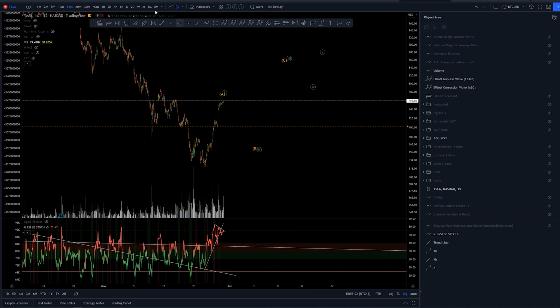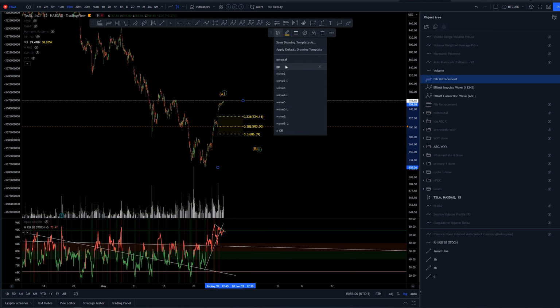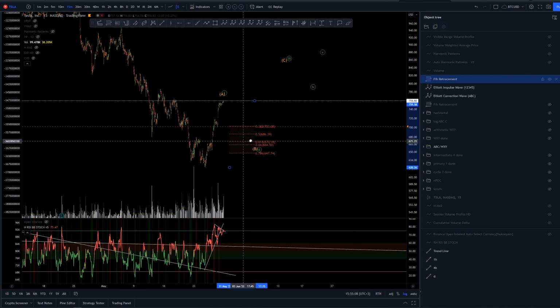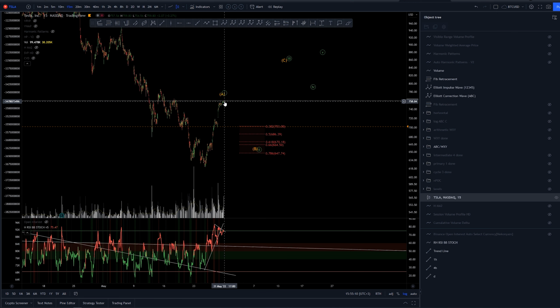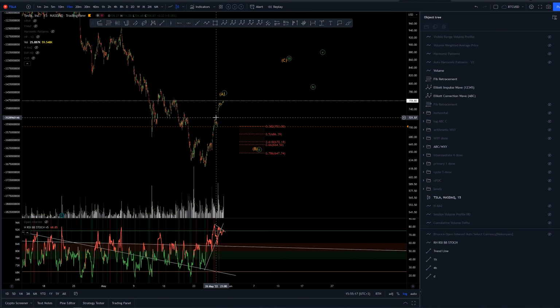But yeah, my play is going to be looking at the retracement here. We could only correct 38.2 here, where we had this previous wave 4 or possible wave 4.